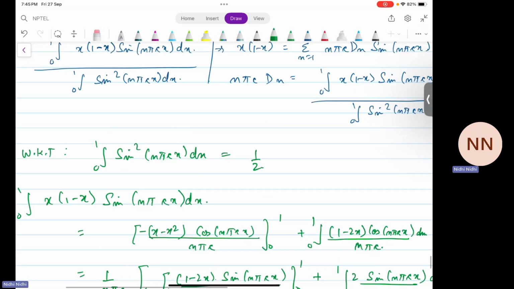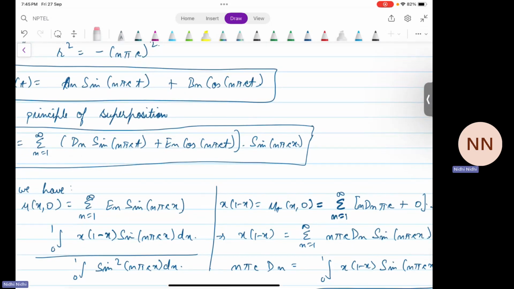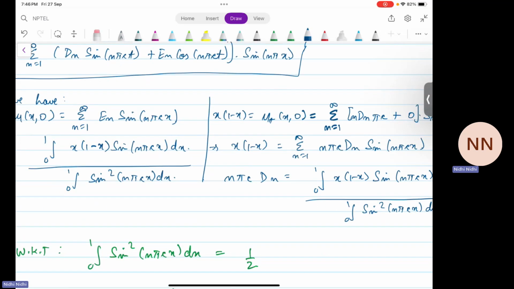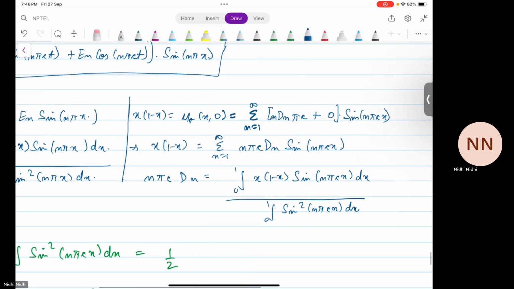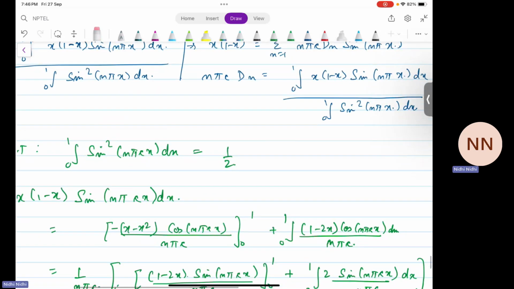Wait a second. I don't have c with x. Oh, I'm so sorry. So here we don't have c. This is just x. So we don't have c here, here. It is n pi x, n pi x. Similarly here, this is n pi x everywhere.